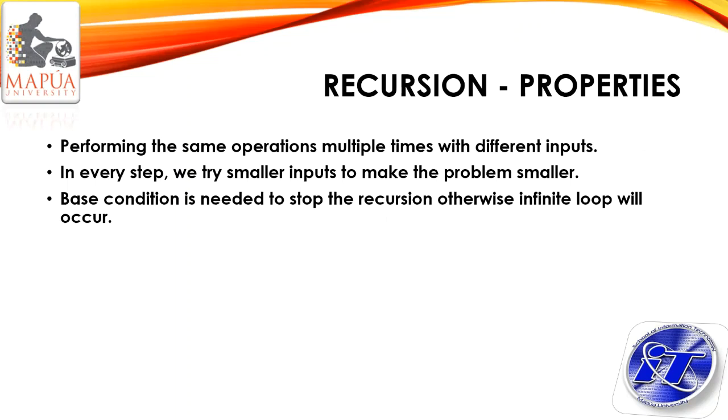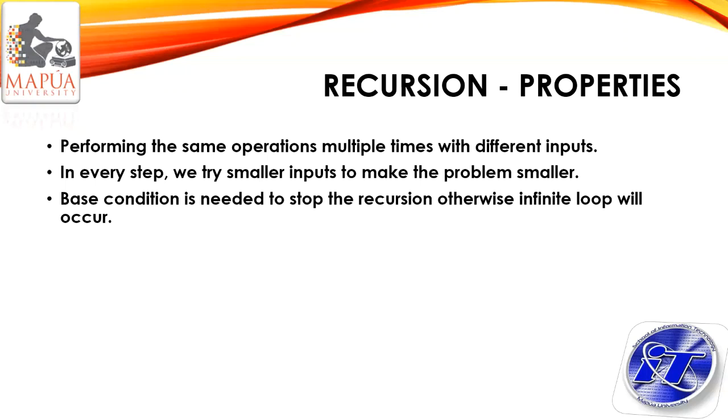So what are the properties of recursion? First, performing the same operation multiple times with different inputs. For example, we have an input n. We're going to solve the problem from n to 1. So we decrease the value of n by 1 until we get 1.